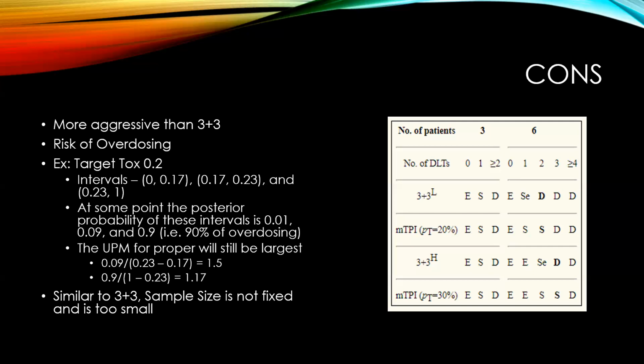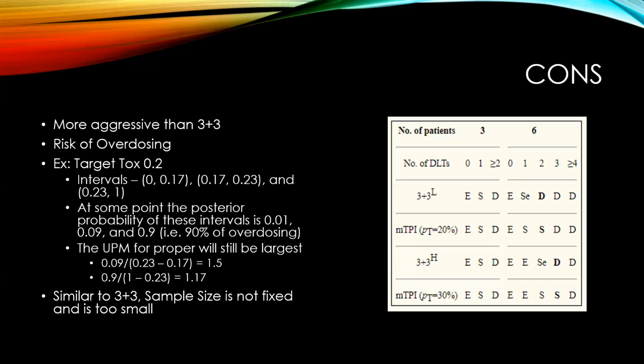I did some of the math here, but you can see with these intervals, say we have an interval of 0 to 0.17 for underdosing, for our equivalence interval we have 0.17 to 0.23, and then our overdosing interval is 0.23 to 1. At some point, our posterior probability of these intervals is going to be 0.01 for underdosing, 0.09 for target toxicity, and 0.9 for overdosing.